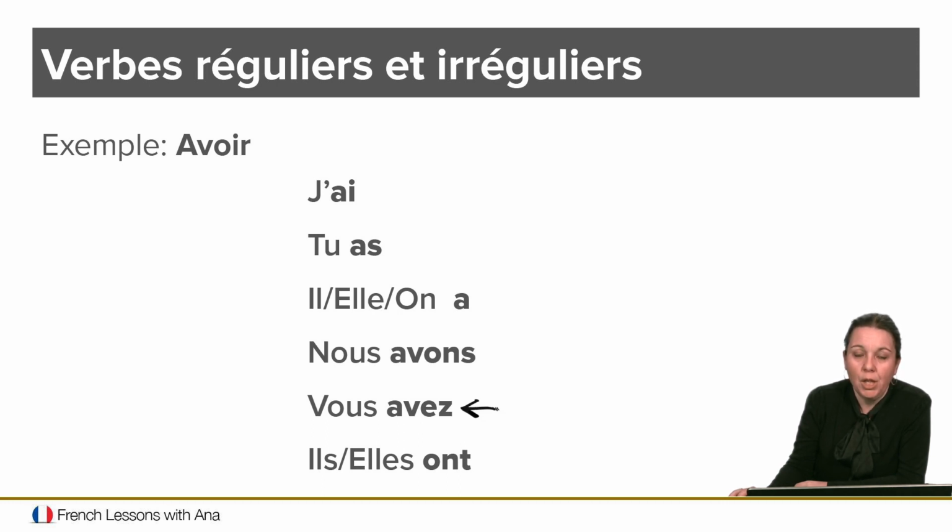Vous avez. You have. You plural. And then ils, plural, masculine, ils ont. And then elle, the feminine. Elles ont. They have. Again, j'ai, tu as, il a, elle a, on a, nous avons, vous avez, ils ont, elles ont.